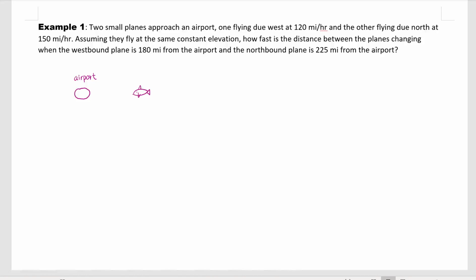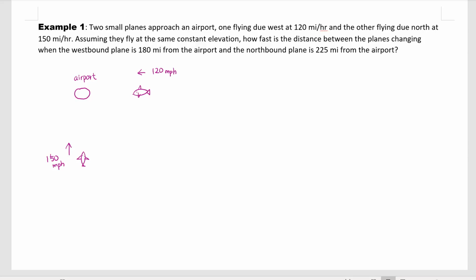And here, another flying fish. So this guy, the speed is 120 miles per hour. This guy, the speed is 150 miles per hour. Okay?